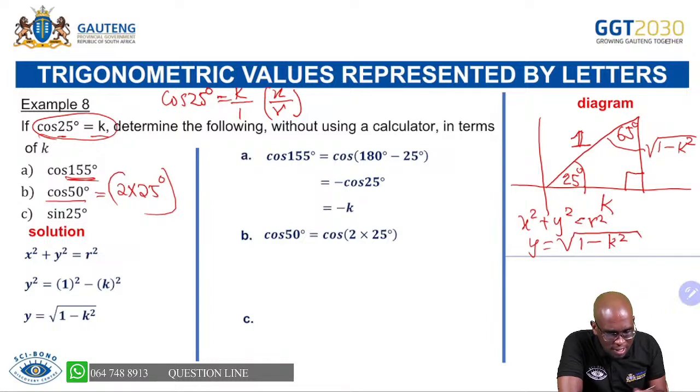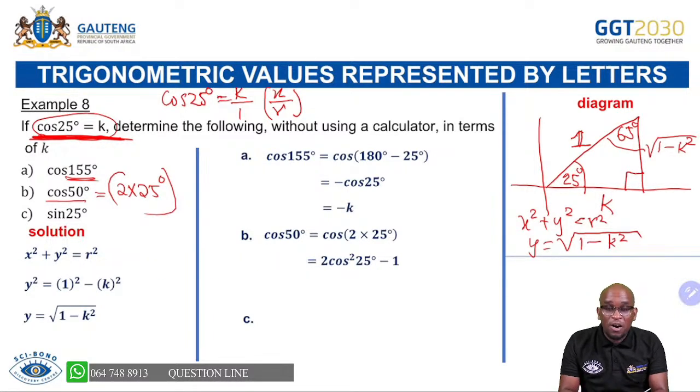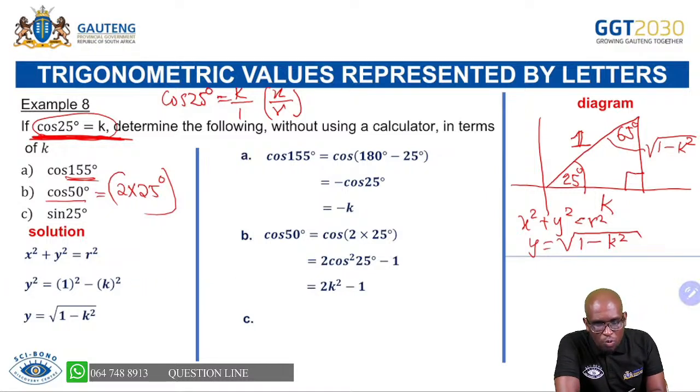I will choose the one written with cos only because I already have cos given to me there. So it's 2 cos squared 25 minus 1 using the double angle formula. I know what cos 25 is, so this reduces to 2k squared minus 1.